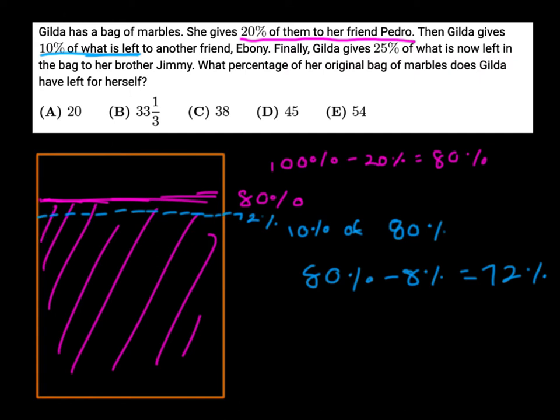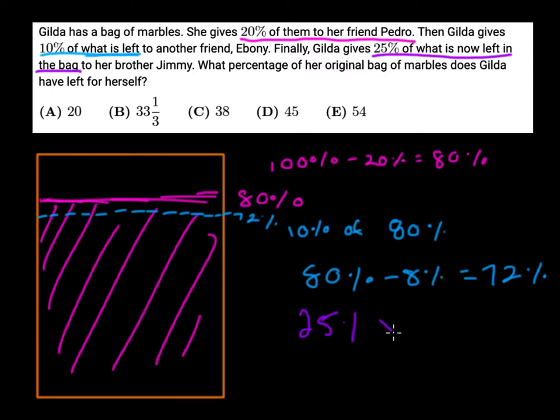Alright, and then finally, Gilda gives 25% of what is now left in the bag to her brother Jimmy. So 25% of the 72% that's left in the bag.